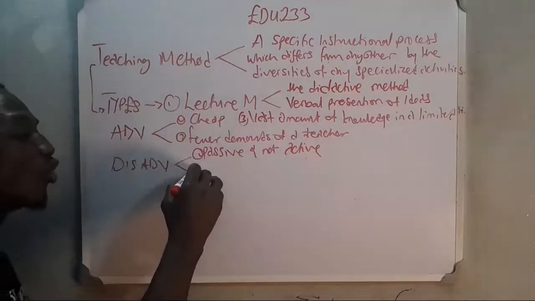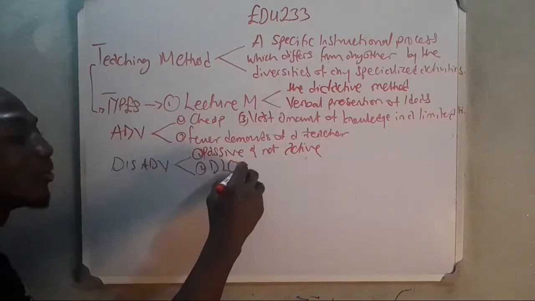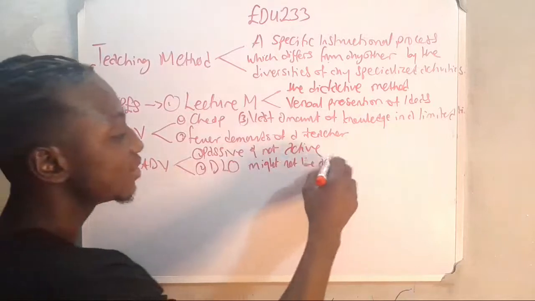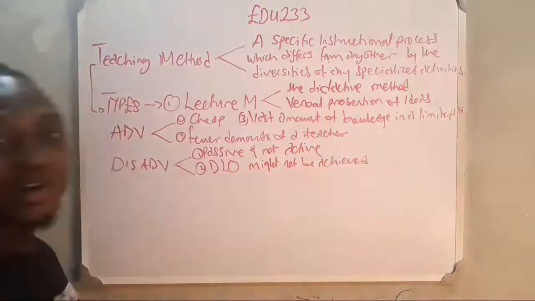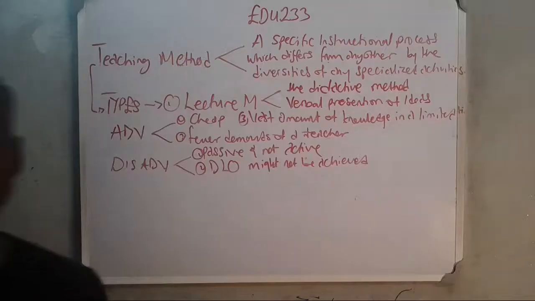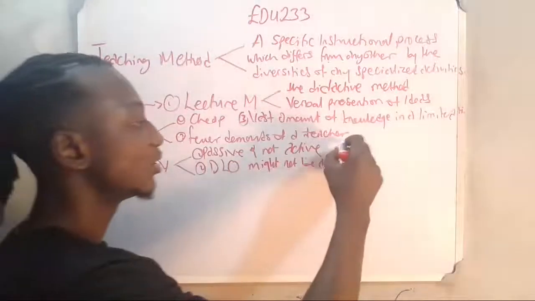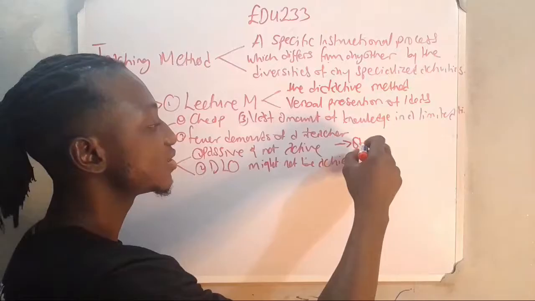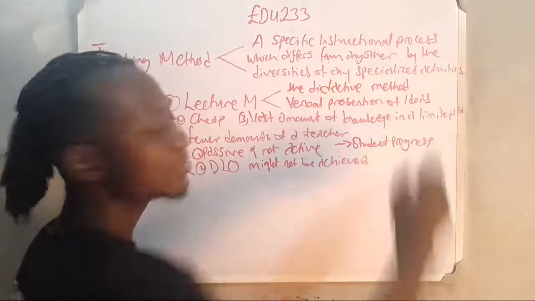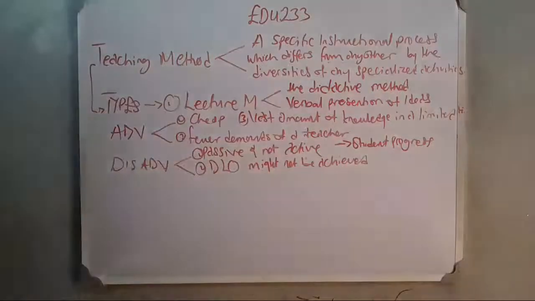The desired learning outcome might not be achieved. That's very true, because not everybody will understand. People that will understand are people that will go back home and do further research. That's how they will get the point. And you cannot measure student progress during the lesson because they are passive listeners.